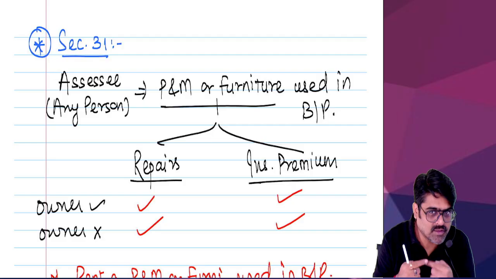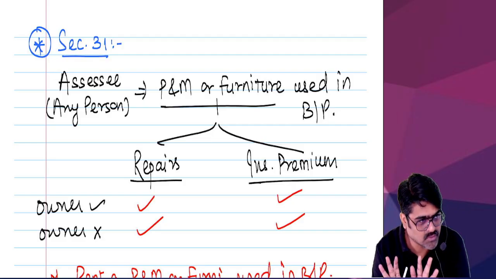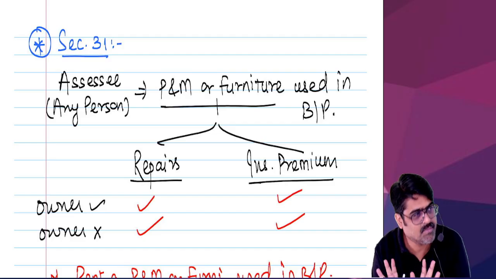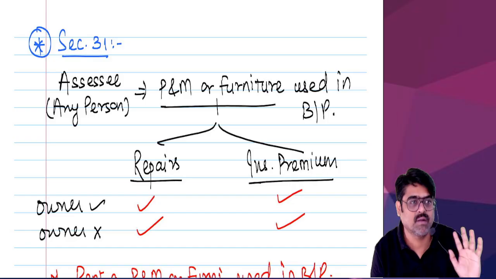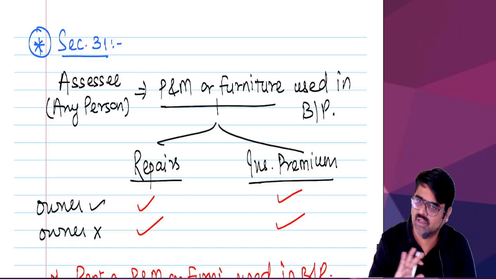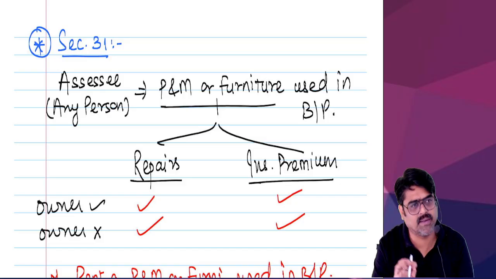These small discussions which I am doing, if you don't pay attention to these items, 100% any paper that comes will be difficult for you. Not a single thing in the question paper was there which I did not explain in my class. Everything I had explained.